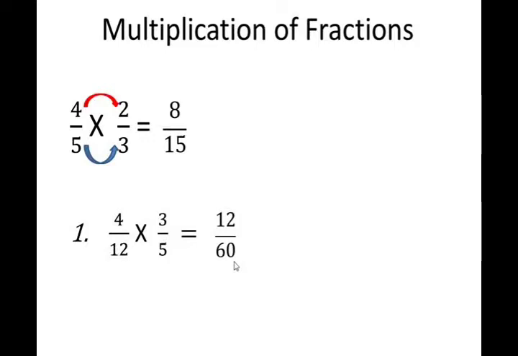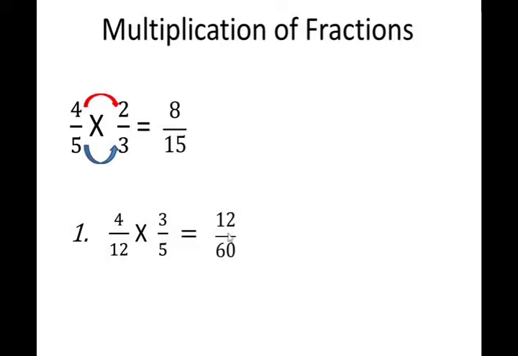If you know your multiplication tables really well, you will be able to notice that 12 and 60 have common multiples. There are many common multiples of 12 and 60. 2 can go into 12 and 60.